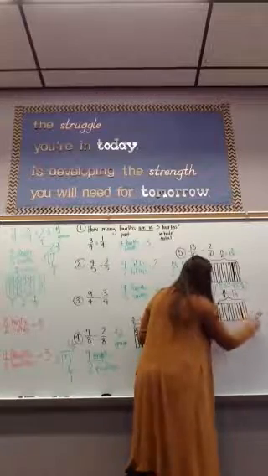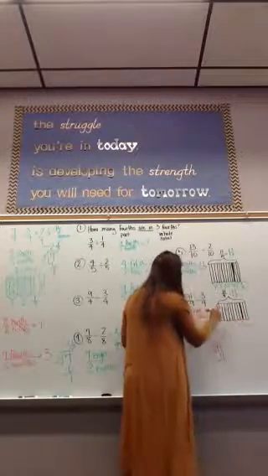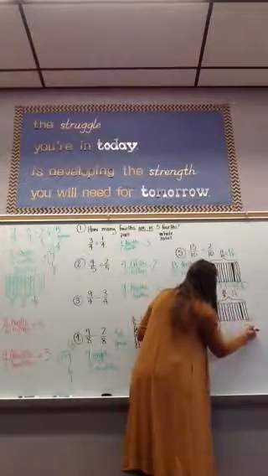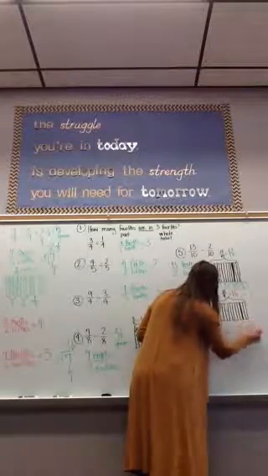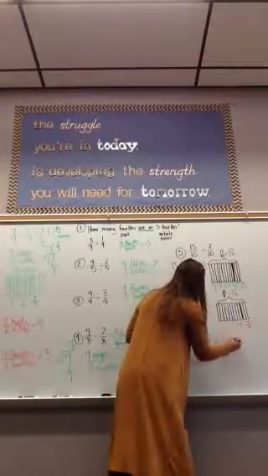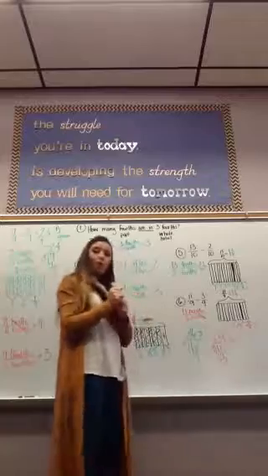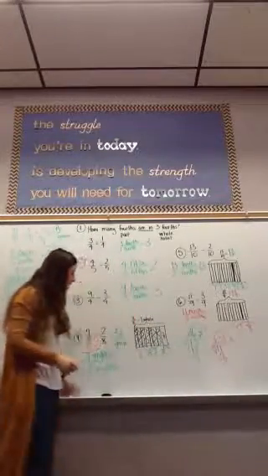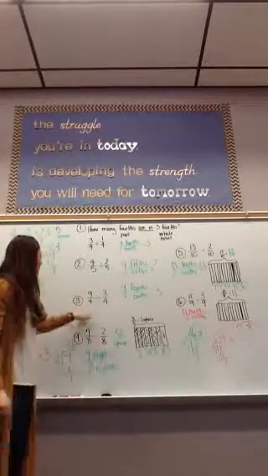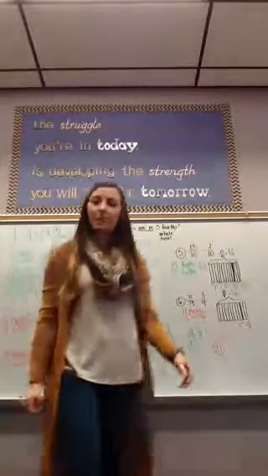Then I have 2 parts left over. There are 3 parts in each group, and I have 2 left over, so my answer would be 3 2/3, and that matches. Okay, boys and girls, you can use these strategies to solve division of fraction by fraction on the problem set. Work hard.